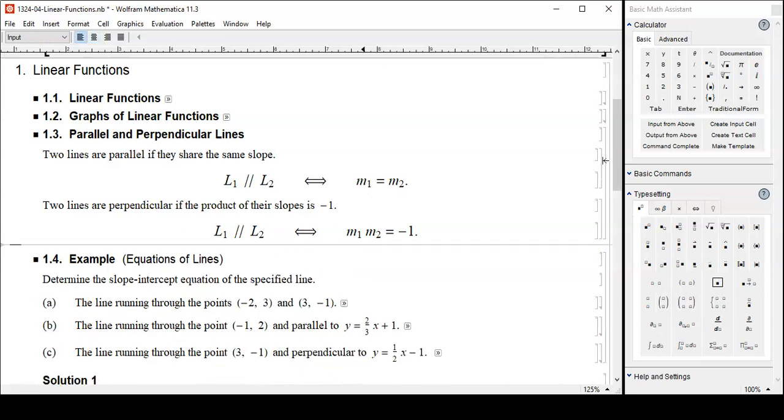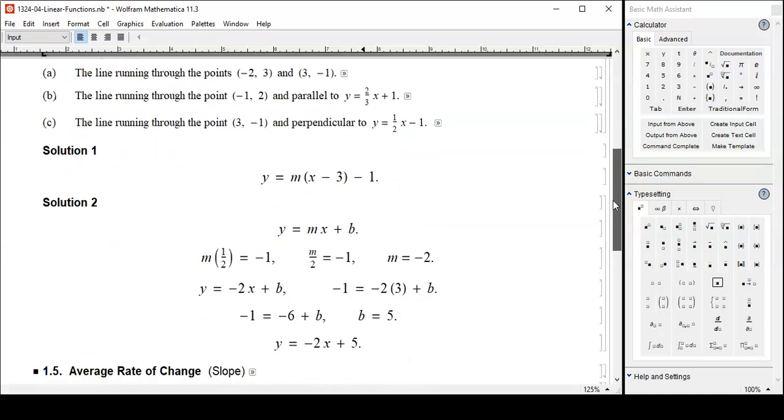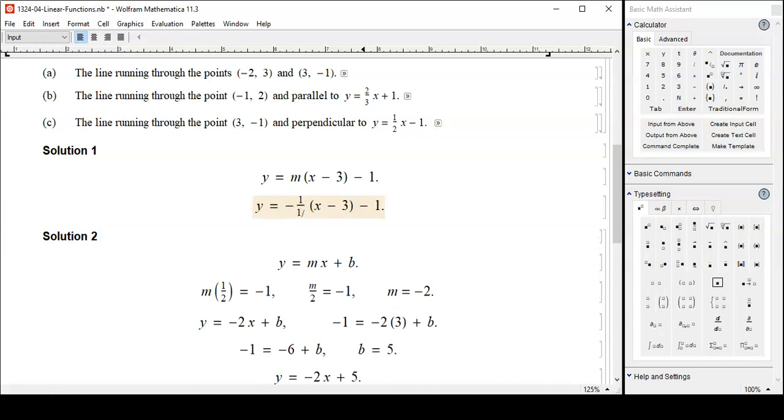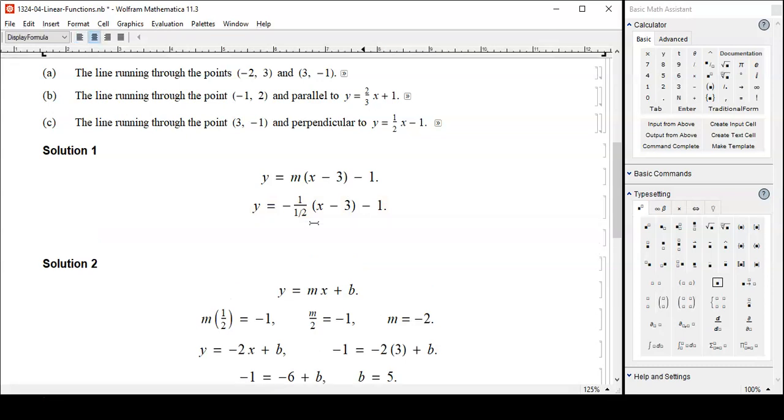So let's use the negative reciprocal. So from here, m is the negative reciprocal. So 1/2 is the slope, negative of 1/2. So this whole thing is -2, excuse me, (x minus 3) minus 1. So I can simplify.